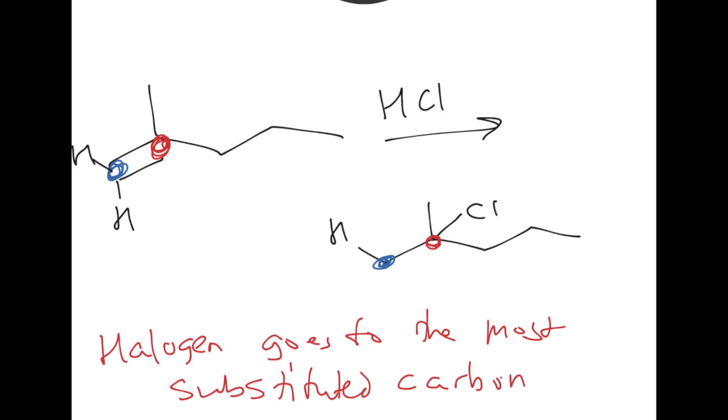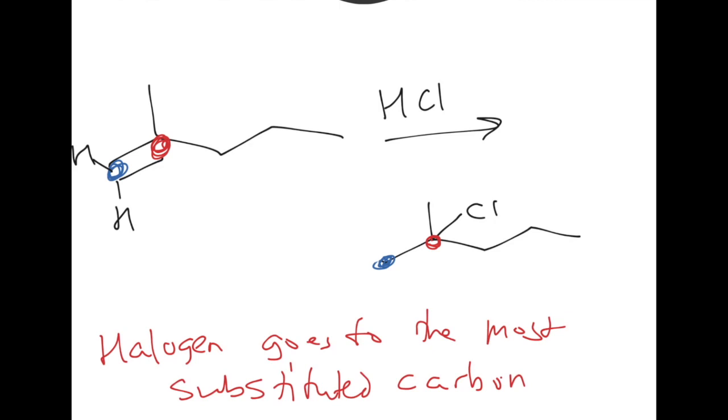Since we're drawing skeletal structures and the hydrogen's understood, we don't always have to draw that hydrogen in. If you did, you would know there were 3 hydrogens on the blue dot carbon. I don't have to show you that hydrogen.